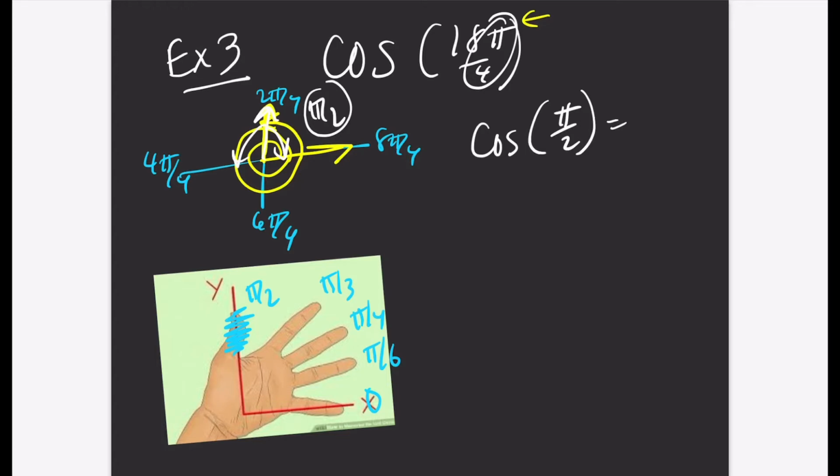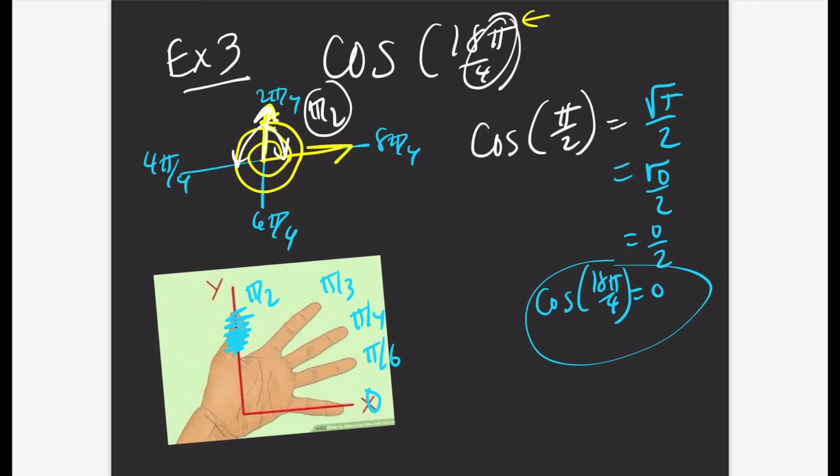Using your hand trick, cosine is square root of top fingers over 2. So since your thumb is pulled back, there's no fingers above that, so square root of 0 over 2. Square root of 0 is 0. 0 over 2 is 0. So the cosine of 18 pi over 4 is equal to 0. And since it's 0, you don't have to check your sign, since 0 is neither positive nor negative.